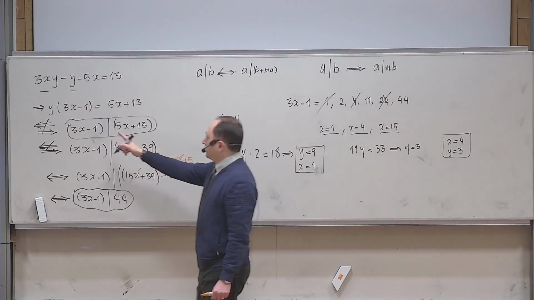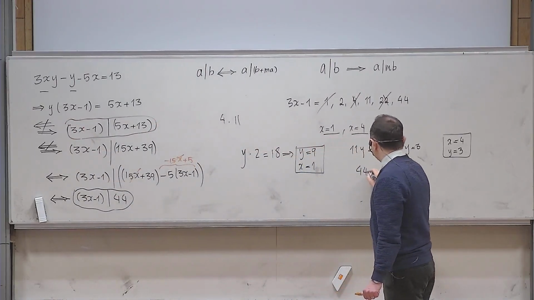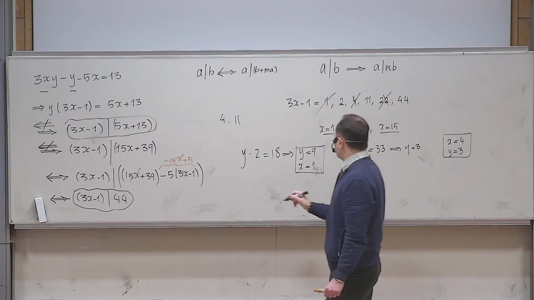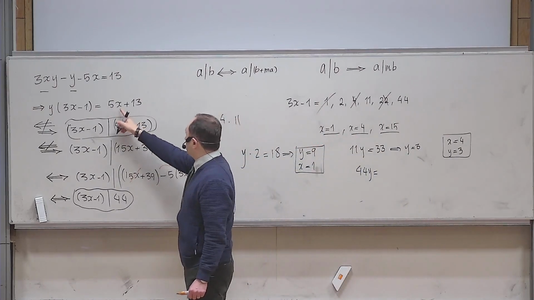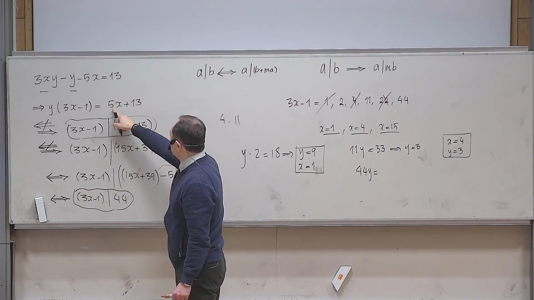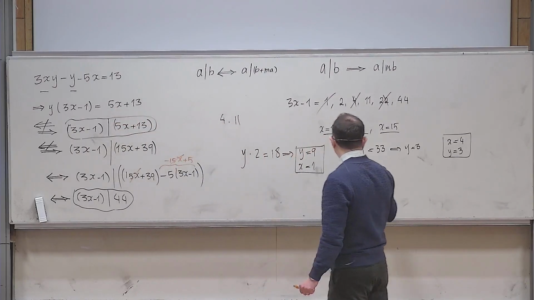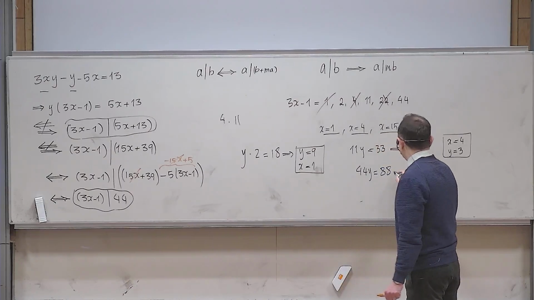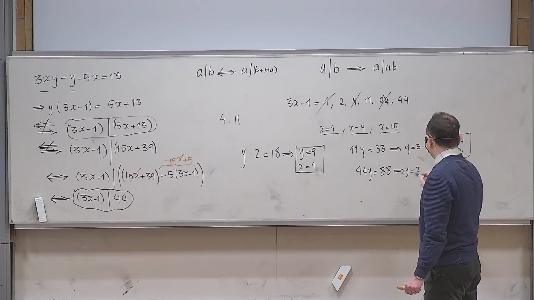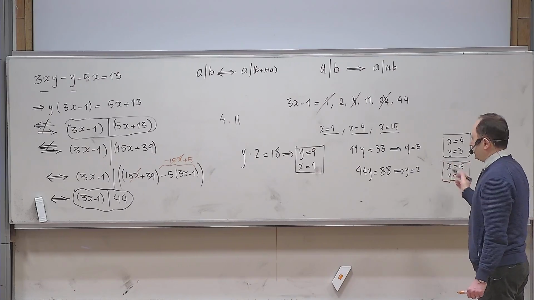If I put 15 here, it becomes 44y equals 75, and then 88. Yes, that is also acceptable, so y becomes 2. So another pair is that x equals 15, y equals 2. So I have 3 pairs of solutions.